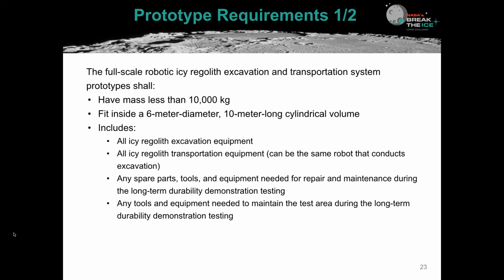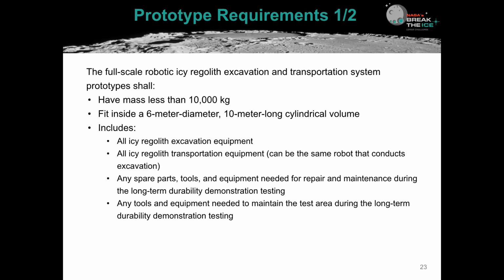So the next two slides are a brief listing of some of the important requirements for this challenge. The full-scale robotic icy regolith excavation transportation system shall have mass less than 10,000 kilograms. It needs to fit inside a 6-meter diameter, 10-meter long cylindrical volume. And when we talk about a system, we mean a system that includes all the excavation equipment as well as the transportation equipment, and it can be the same robot.